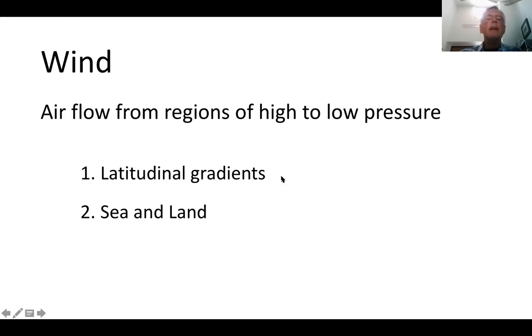There are two major gradients of wind generation. There are latitudinal gradients that are caused by the development of these Hadley, Ferrel, and polar cells, and there are sea to land gradients. So I'll talk just a little bit about that. But all of our winds around the surface of the Earth are generated by these pressure gradients, all right?